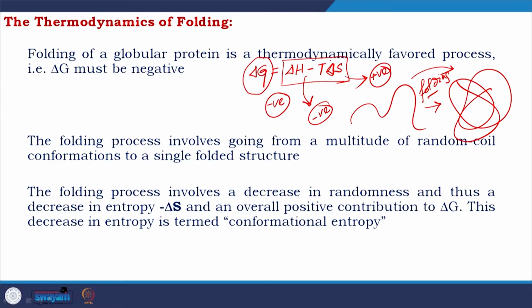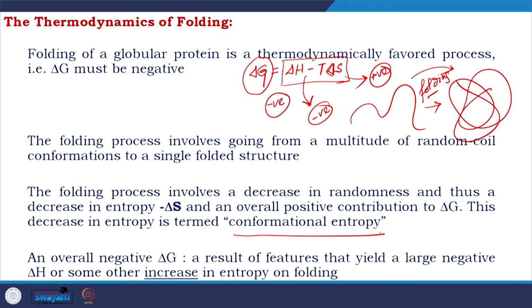So, this decrease is contributing a positive contribution to del G. This decrease in entropy is called conformational entropy. An overall negative del G is a result of features that yield a large negative del H, the enthalpy change, or some other increase in entropy on folding.